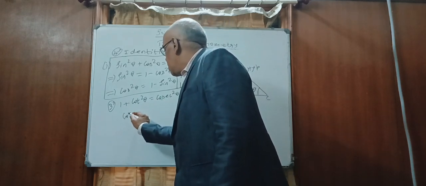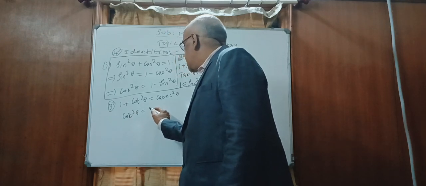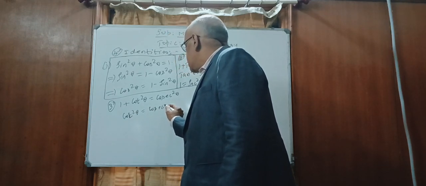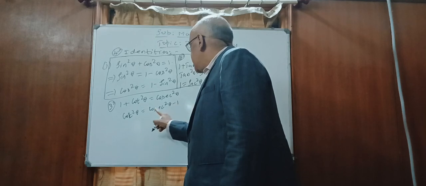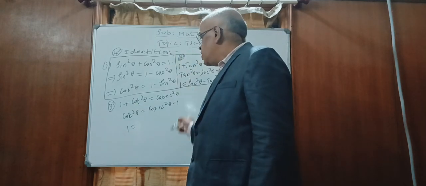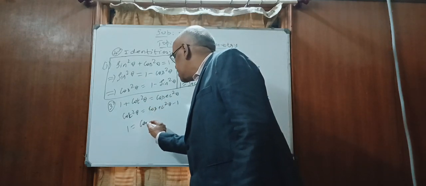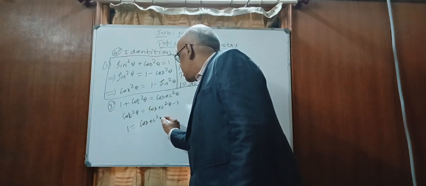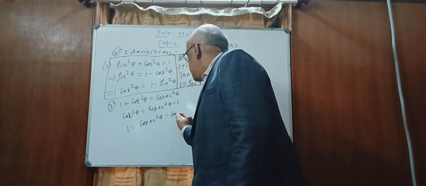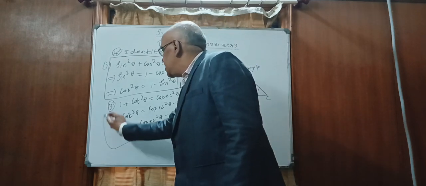So cot square theta can be written as cosec square theta minus 1. And 1 can be written as cosec square theta minus cot square theta, bringing the cot square theta from the LHS to the RHS, where plus becomes minus. This is the third identity.